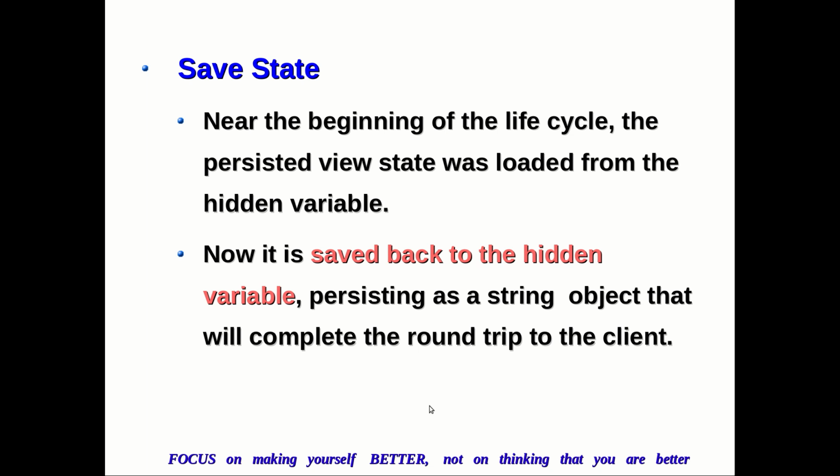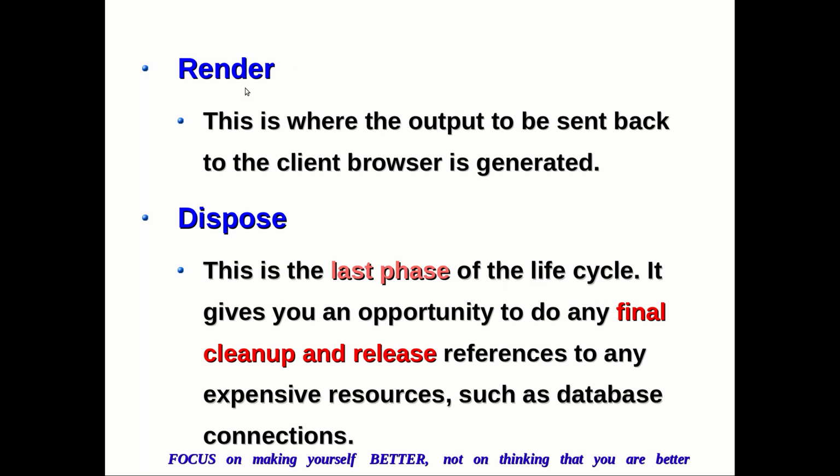That is what happens here. Then it goes for the rendering event. This is where the output will be sent back to the client browser, and then finally it goes to the dispose event. The dispose event is the last phase of the life cycle.